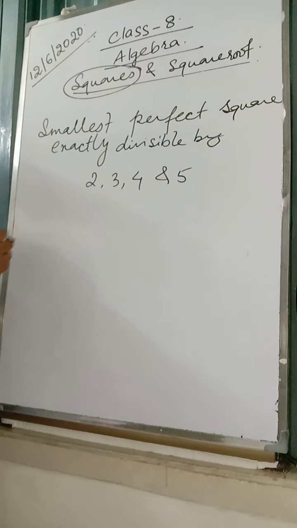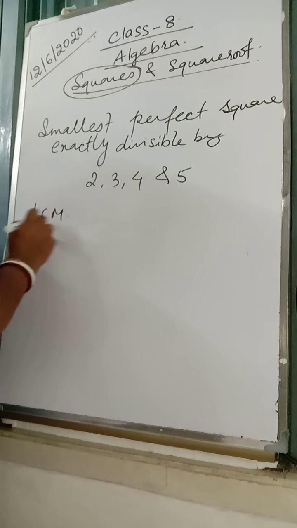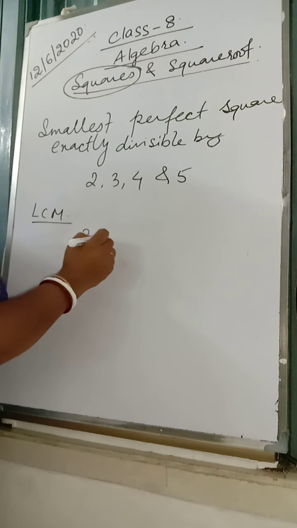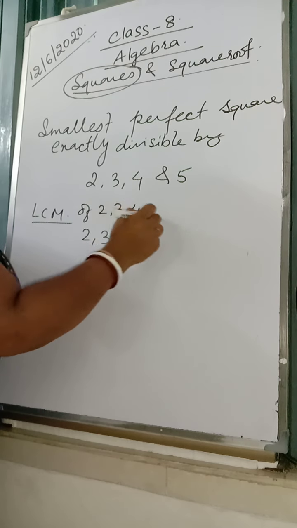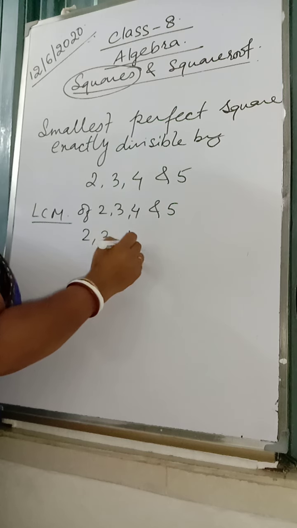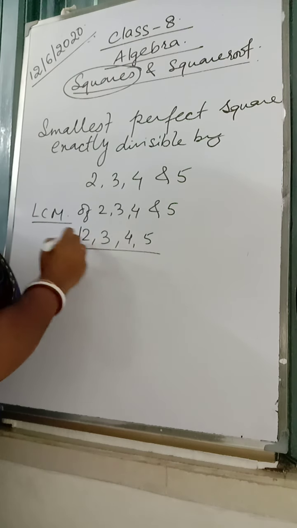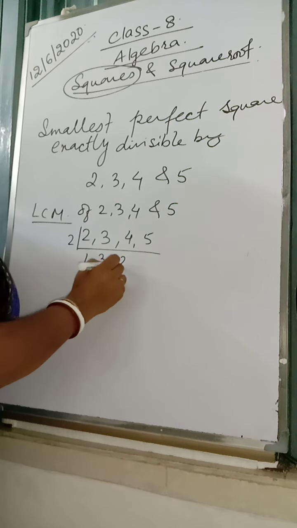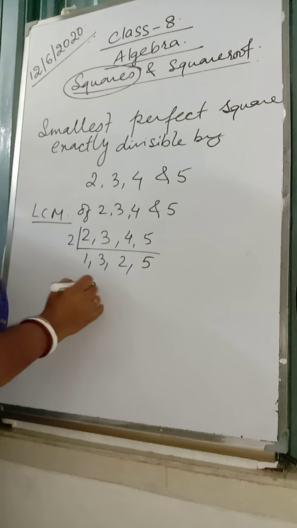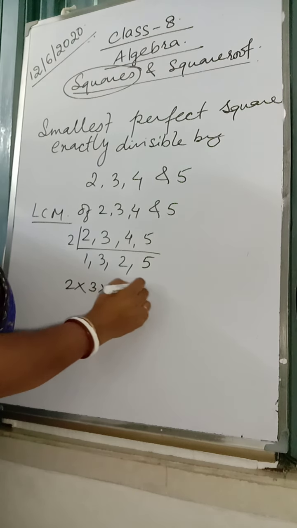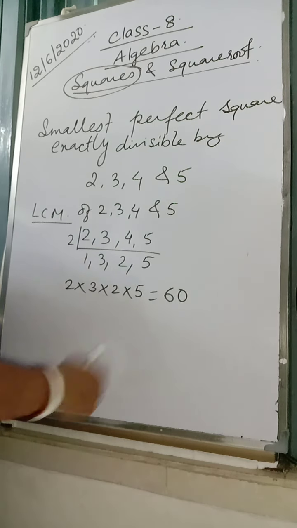So first of all we'll get the LCM of 2, 3, 4 and 5. So we'll just get the LCM, see what it gives. 2 ones are 2, 2 twos are 4, 5 is not divisible. So it gives you 2 into 3 into 2 into 5. This is 60.